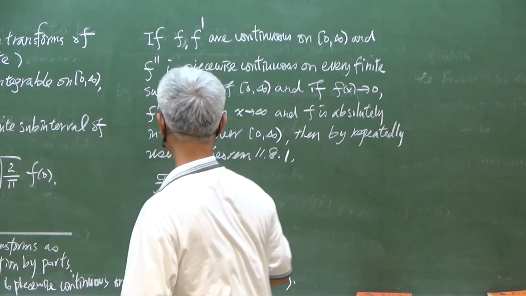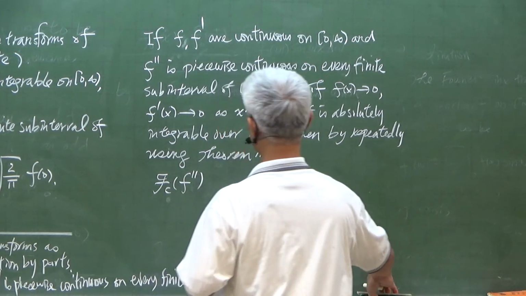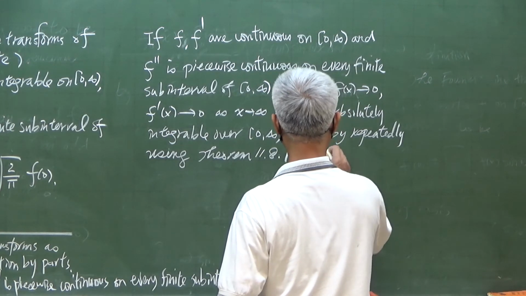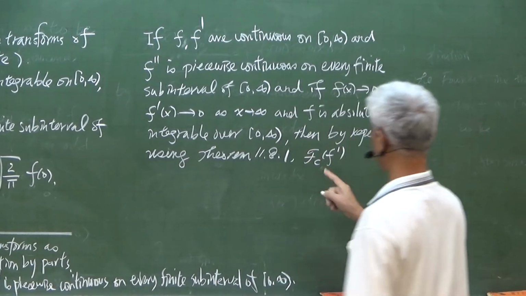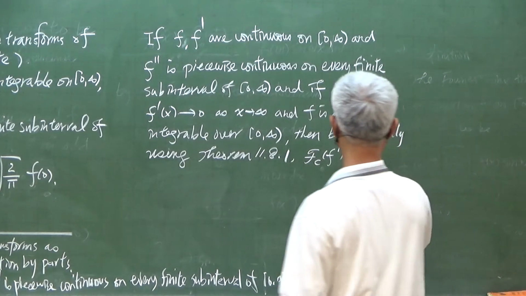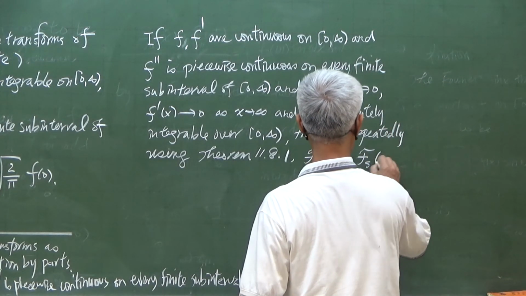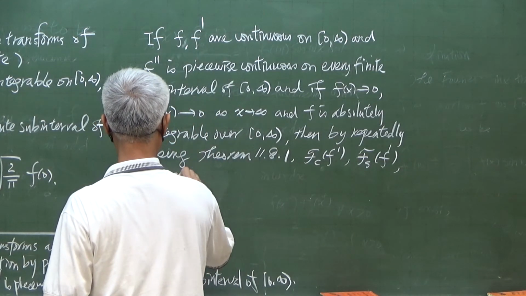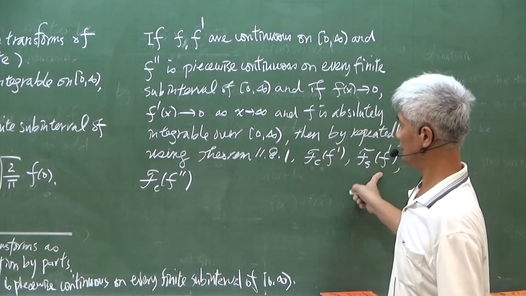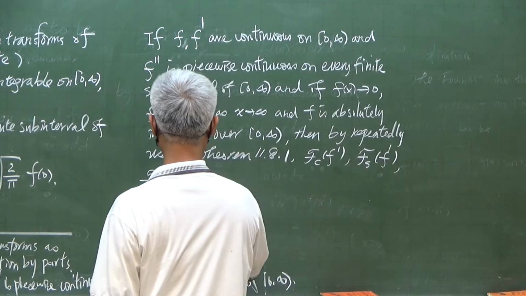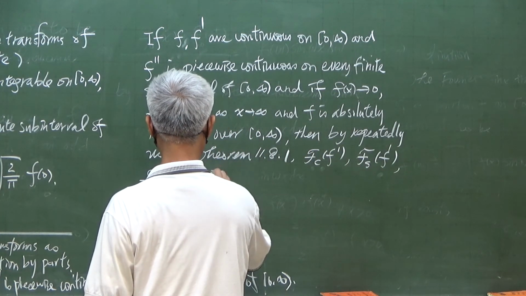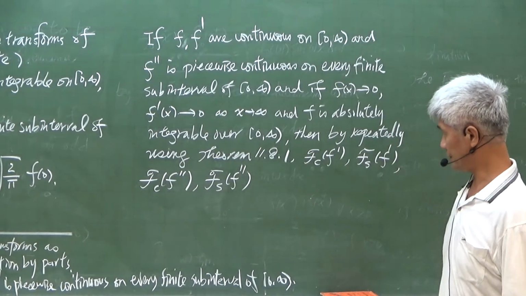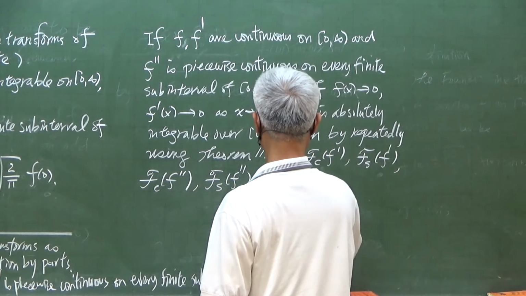First of all, we know the Fourier cosine transform and Fourier sine transform of the derivative exist, and then furthermore, the Fourier cosine transform and the Fourier sine transform of the second derivative exist.